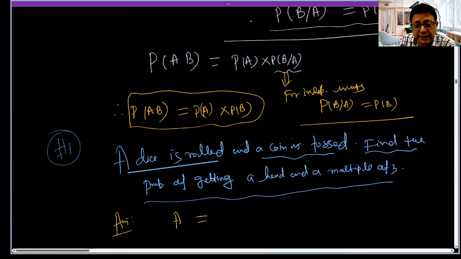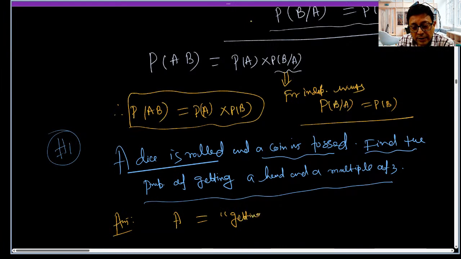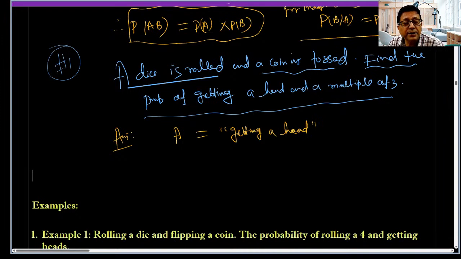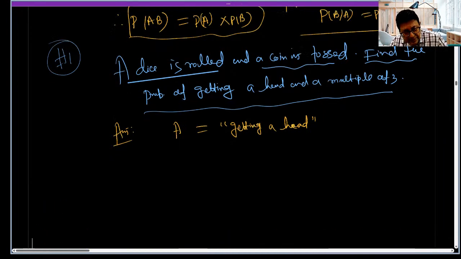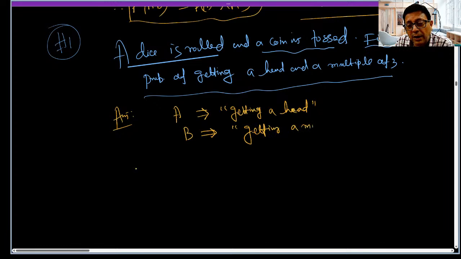Let A denote the event getting a head and B denote the event getting a multiple of 3.